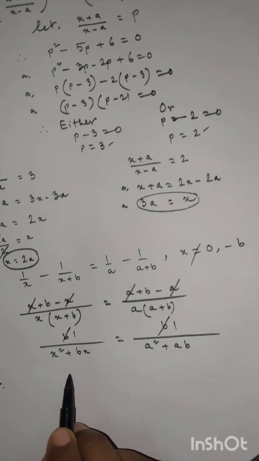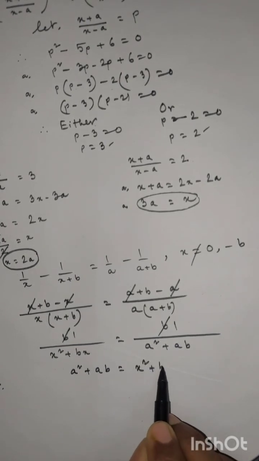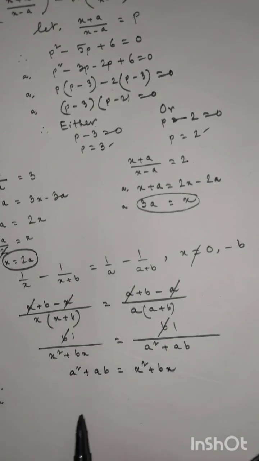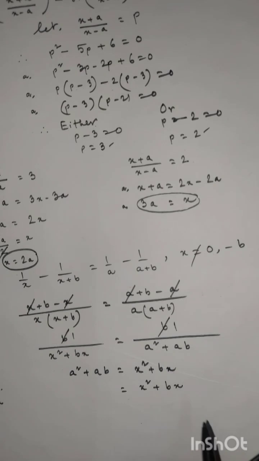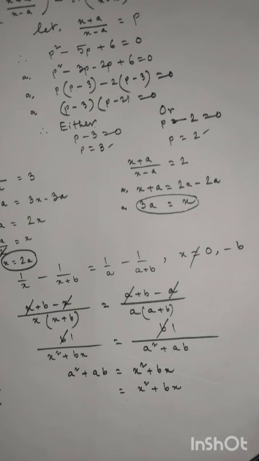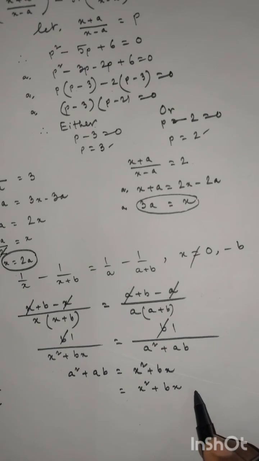So it becomes a square plus ab and x square plus bx, or x square plus bx, and we can take this to the right side and write it as minus a into a plus b.